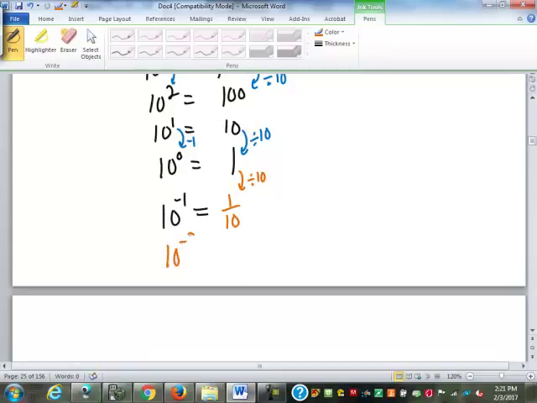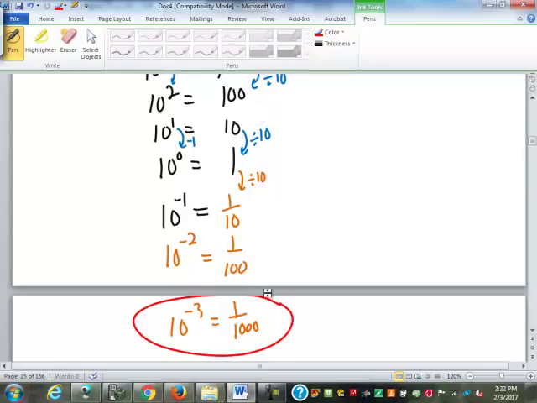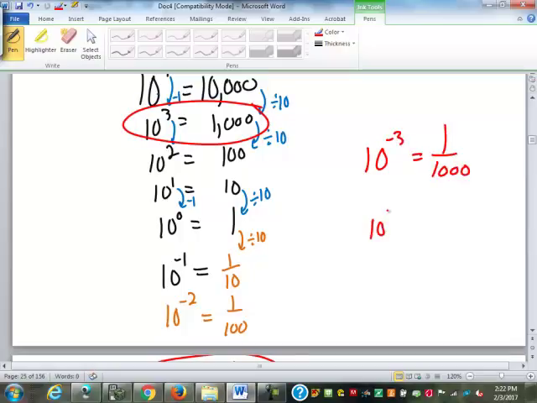10 to the negative 2. Dividing by 10 again is 1/100th. 10 to the negative 3 is 1/1000th. And you'll see a connection there between our negative powers and our positive powers. 10 to the negative 3 is 1/1000. 10 to the third is just 1,000.